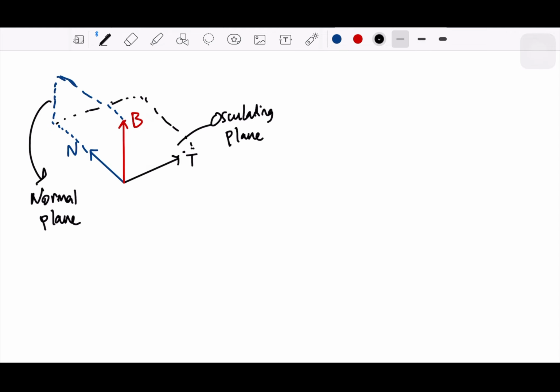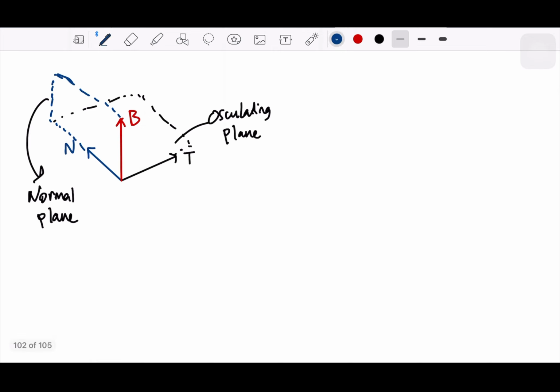Let's say the curve is here, based on our definition of the unit tangent vector. So the plane that is on the curve itself is called the osculating plane.